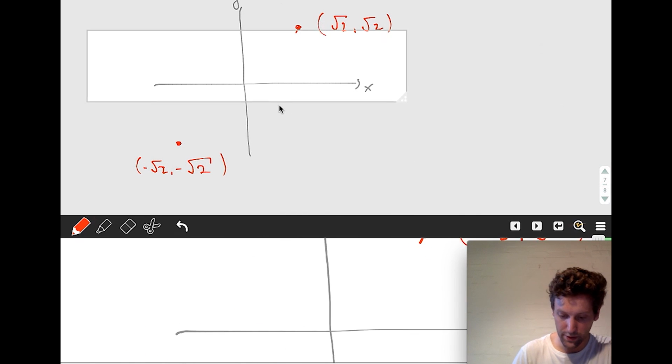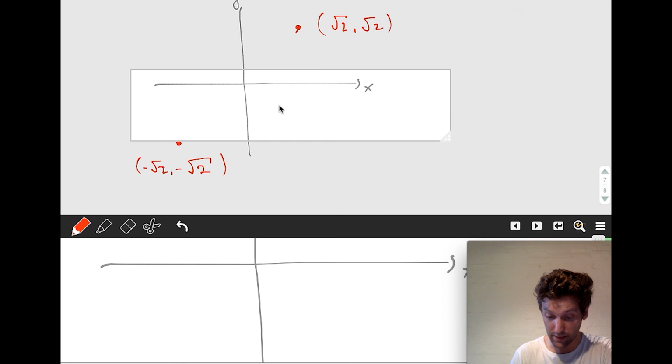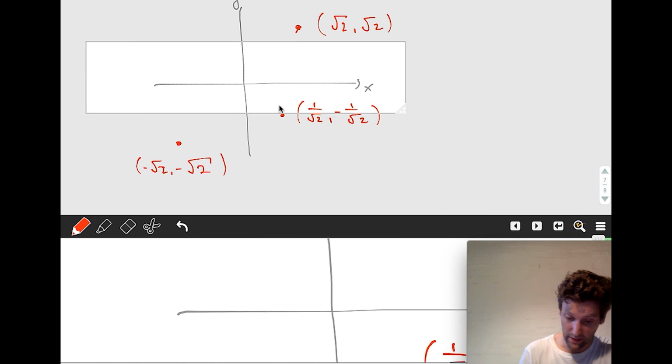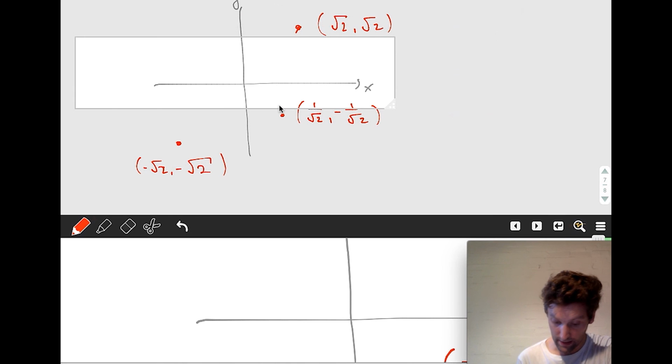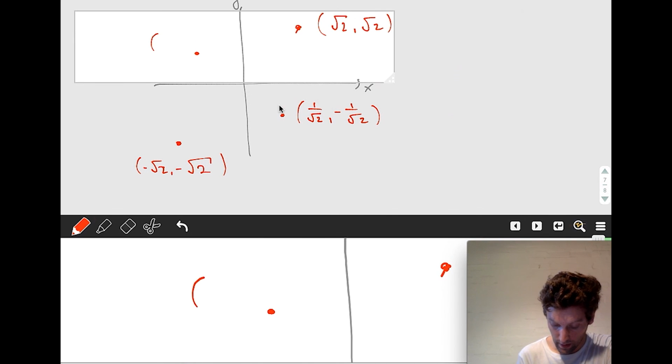I've got the point x is equal to plus 1 over root 2, y is equal to minus 1 over root 2. And I've got the point x is equal to minus 1 over root 2, y is equal to 1 over root 2.